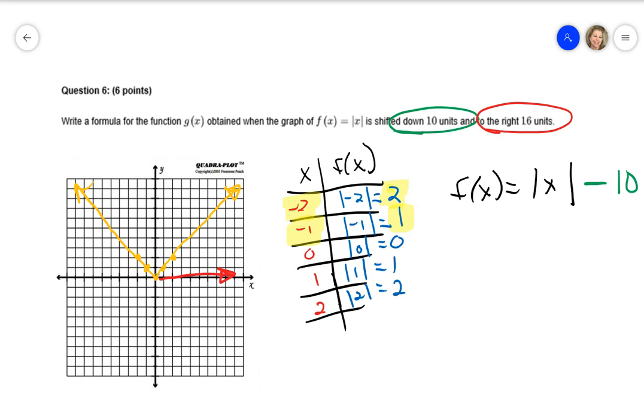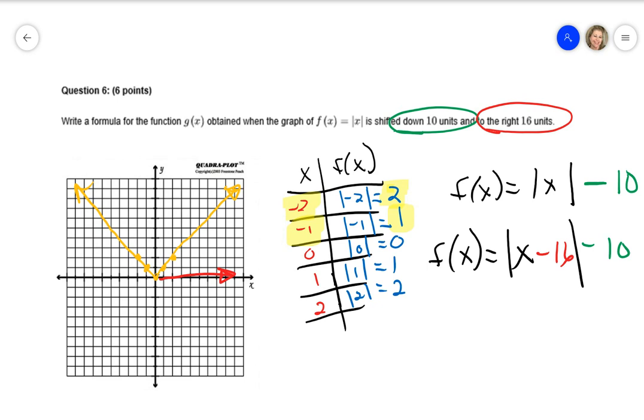So if you're going to the right, you're actually going to be subtracting 16. And not only that, that 16 is going to get subtracted inside the absolute value. Now, had it said shift left, then I would have put x plus 16.